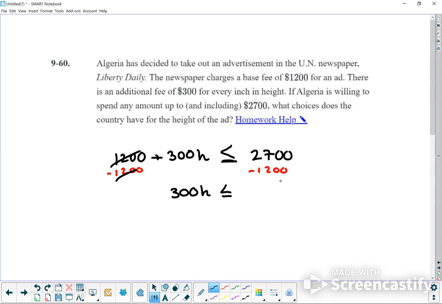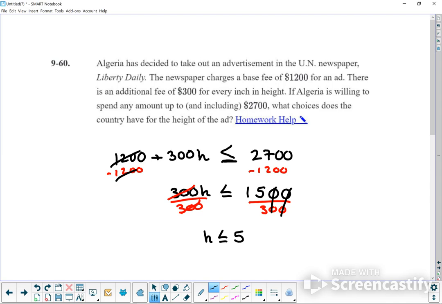So 7 minus 2 is 5, 2 minus 1 is 1, so 1,500. Now we're going to solve this some more by dividing by 300 and get h less than or equal to, and then these cancel. 15 divided by 3 is 5. So h has to be less than or equal to 5.